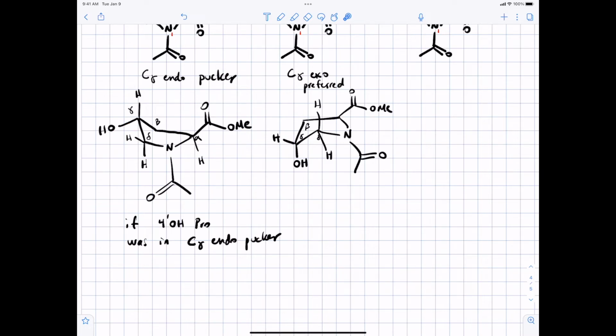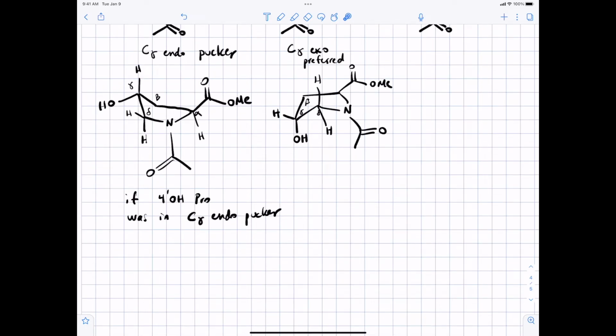All right. Based on what you know about hyperconjugation, let's see if we can explain why this is. And to do this, we're going to need to look down this carbon-carbon bond between delta and gamma carbons. So we're going to draw a Newman projection.